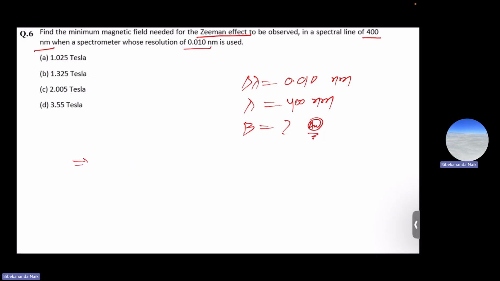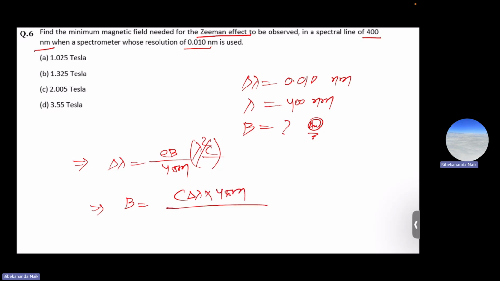So the expression will be delta lambda is EB by 4 pi m into C by lambda square by C. So B will be C delta lambda into 4 pi m divided by E lambda square.